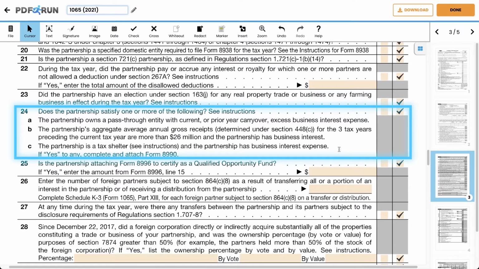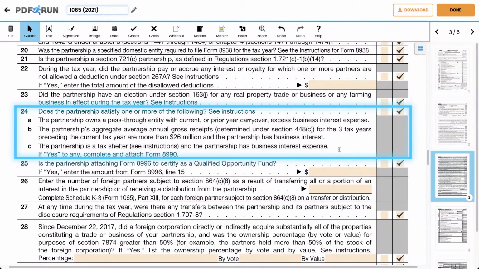Line 24. Check yes if the partnership satisfies one or more of the following conditions. The partnership owns a pass-through entity with current or prior year carryover excess business interest expense. The partnership's aggregate average annual gross receipts for the 3 tax years preceding the current tax year are more than $26 million and the partnership has business interest.